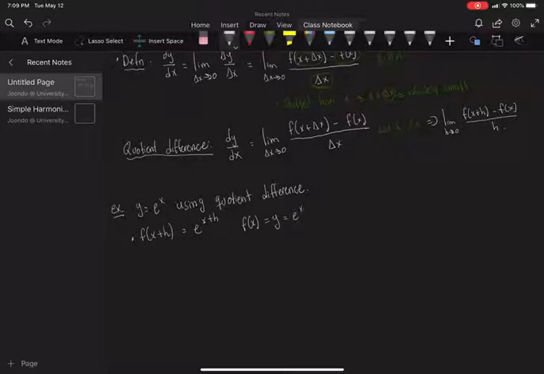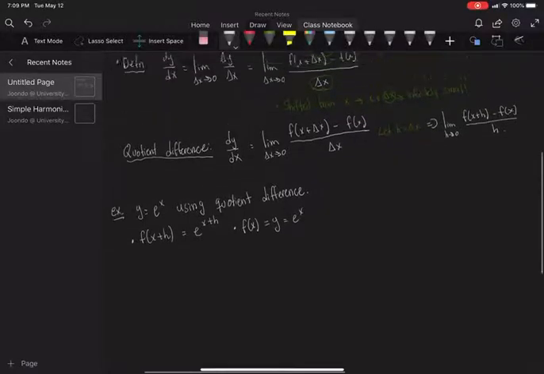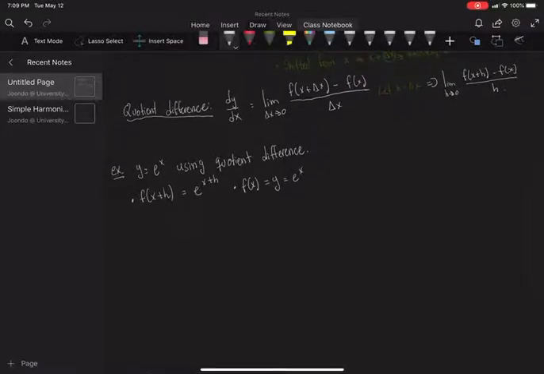So we recall the limit definition, or the quotient difference: the limit as h tends to 0 of e to the x plus h minus e to the x, over h.